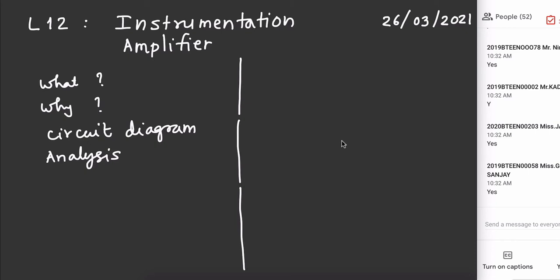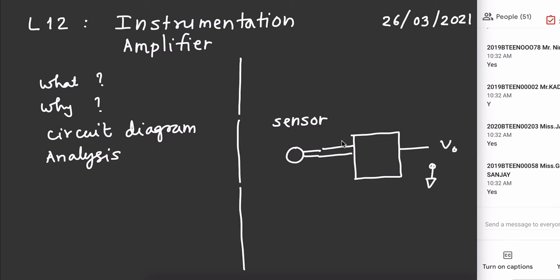Right. Suppose we have a sensor, and we want to amplify the signal from this sensor and get the output V output with respect to ground. Now, what this sensor will expect is that it should not be loaded electrically.